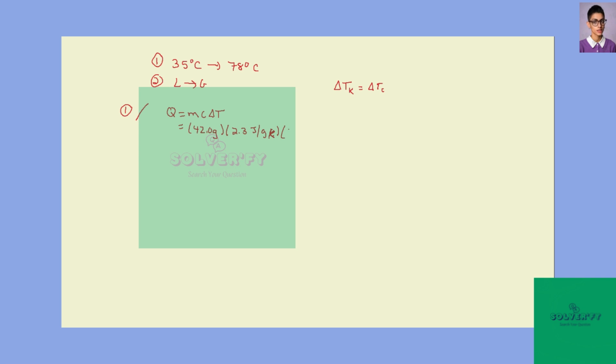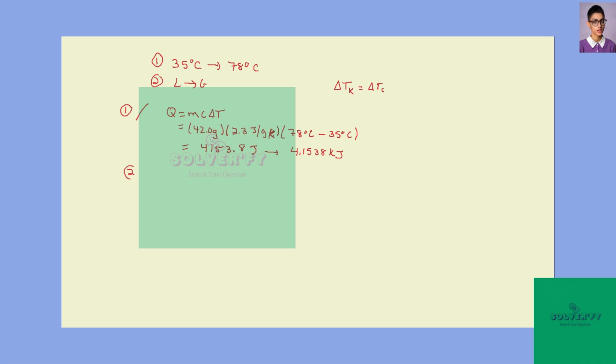So this will be 78 degrees Celsius minus 35 degrees Celsius. You plug all this into your calculator, you get 4,153.8 joules. I'm going to go ahead and divide that by 1,000 to convert to kilojoules. So that will be 4.1538 kilojoules for that step.